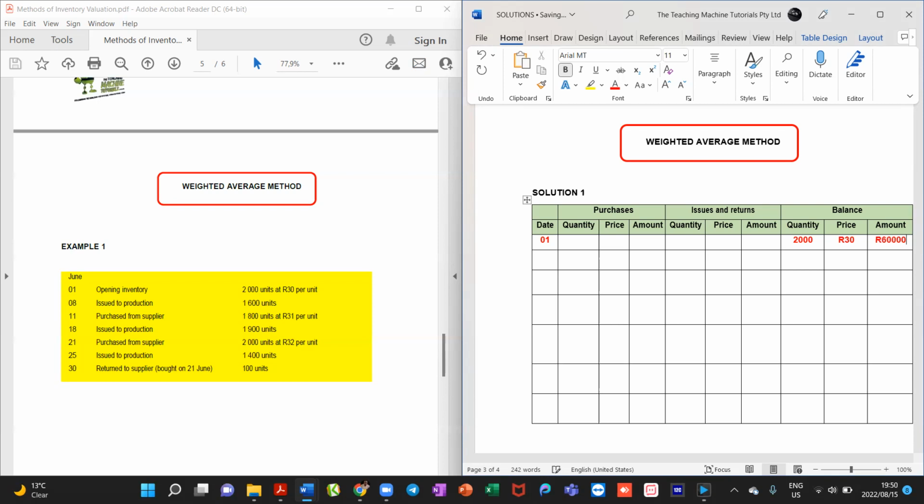Okay. Please, guys, help me with calculations. I don't have a calculator with me. On the 8th of June, you issued 1.6 units to production. What is the price? It's the very same price because these are the only units you had from the 1st until the 8th. Okay, 30.